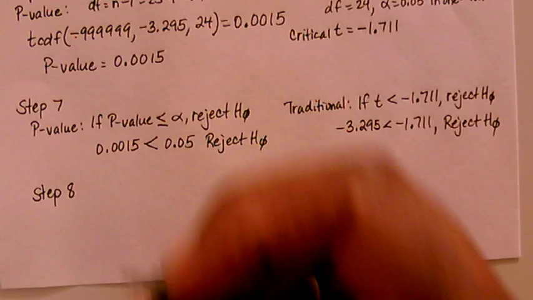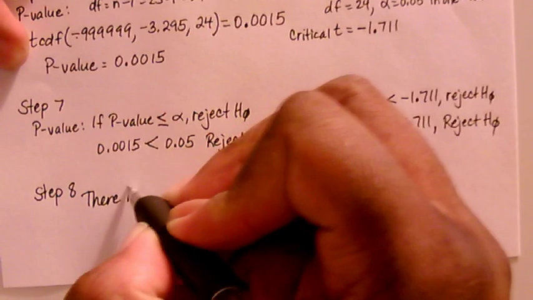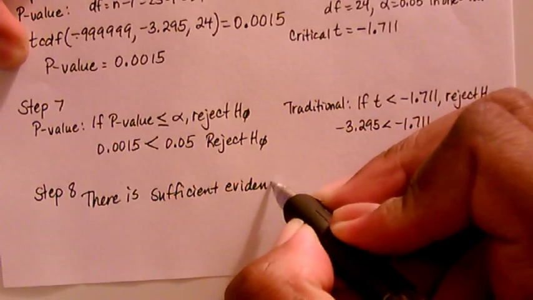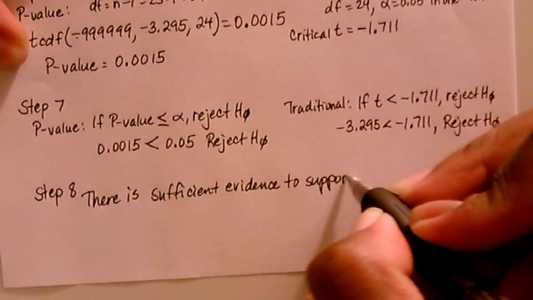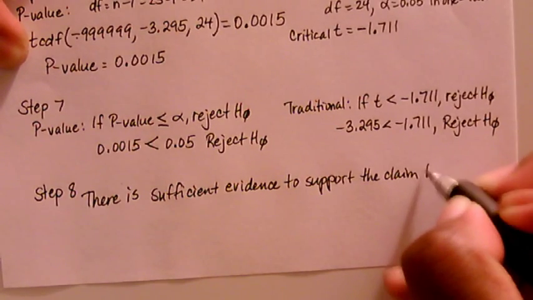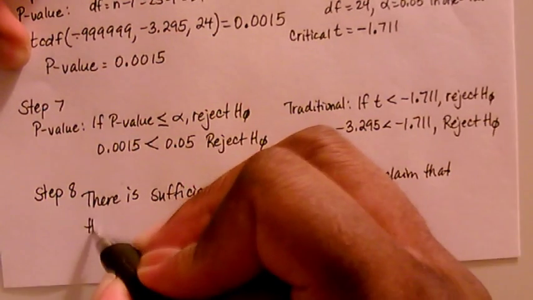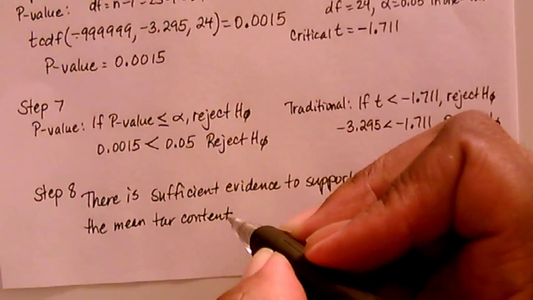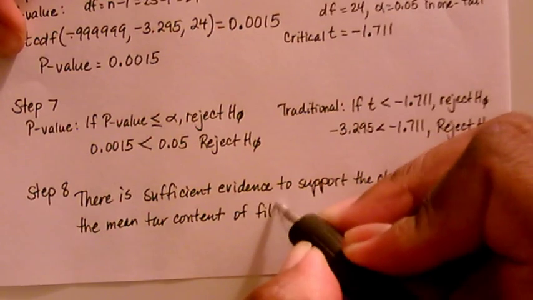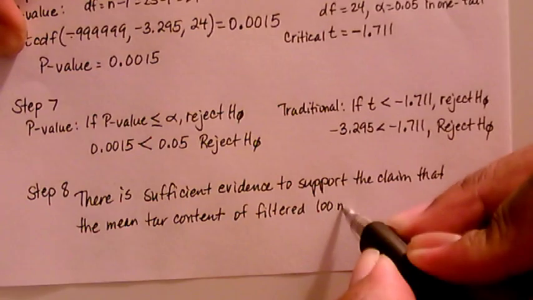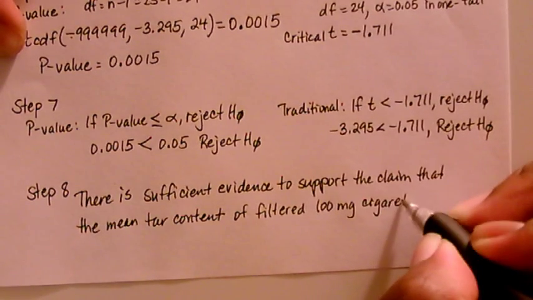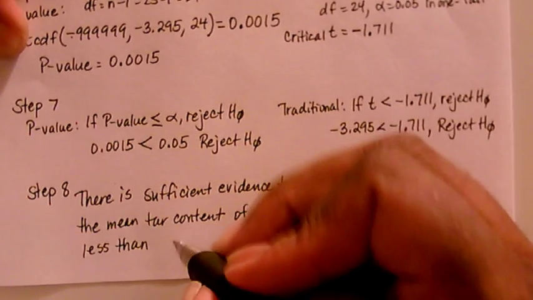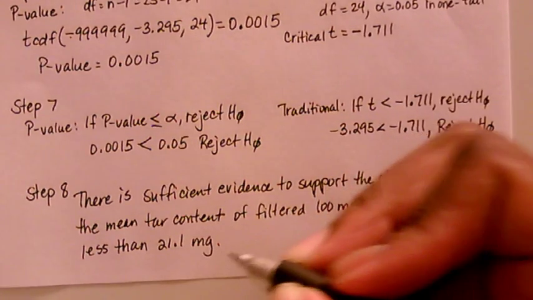So our conclusion statement is this: there is sufficient evidence to support the claim that the mean tar content of filtered 100 millimeter cigarettes is less than 21.1 milligrams.